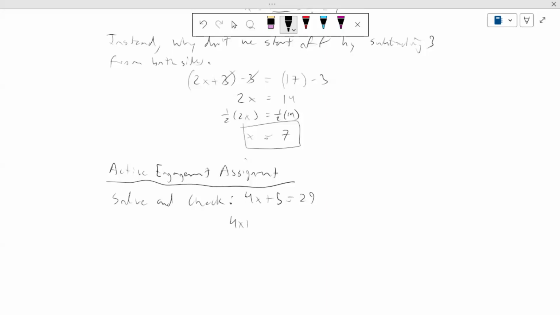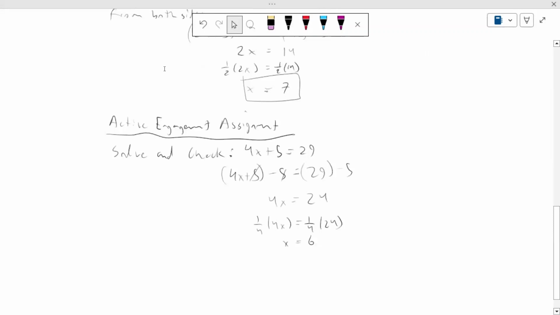I have 4x plus 5 here, I'll subtract 5. I have a 29 here, I'll subtract 5, right? And from that, I'll get that 4x is equal to 24, right? At this point, I can divide by 4 on both sides to get x by itself. So I'm just going to do 1/4 times 4x is equal to 1/4 times 24. So I get x is equal to 6, right?